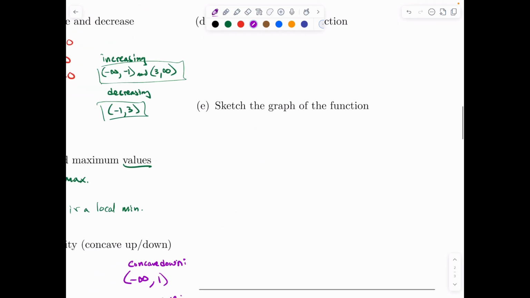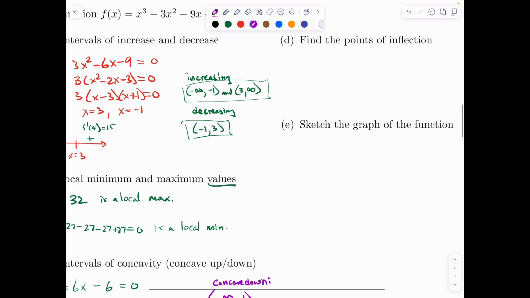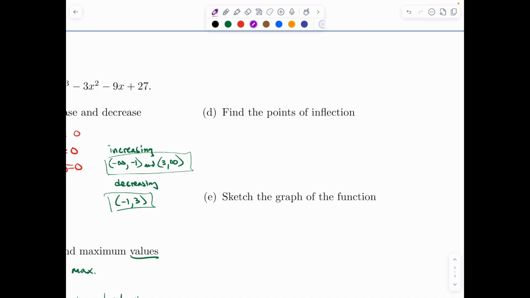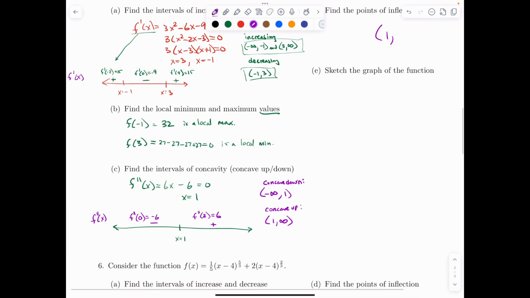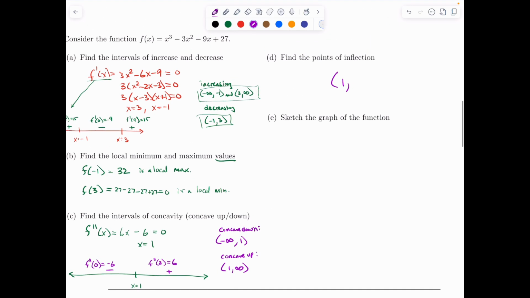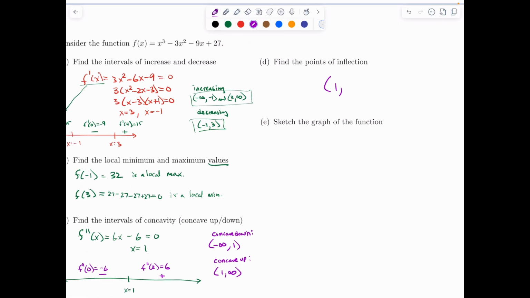Okay, sketch the graph of the, wait, where did my D go? Oh, there it is. Find points of inflection. So x equals 1 is the x value for a point of inflection because that's where concavity changes from positive to negative, or rather negative to positive. I just need to know the function value at that point. So let's see, I'm going to just plug this in. Hopefully I'll get this right.